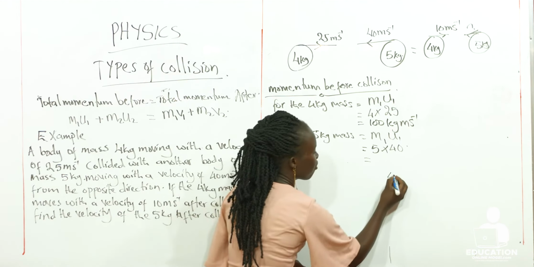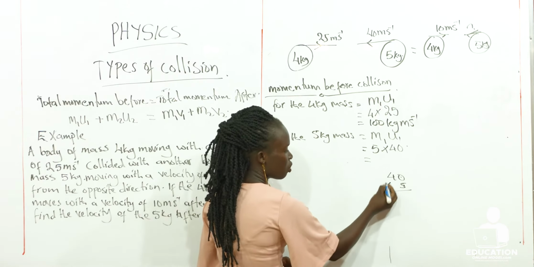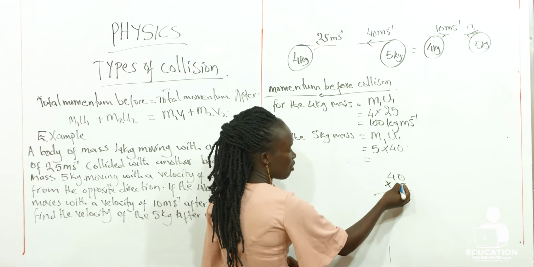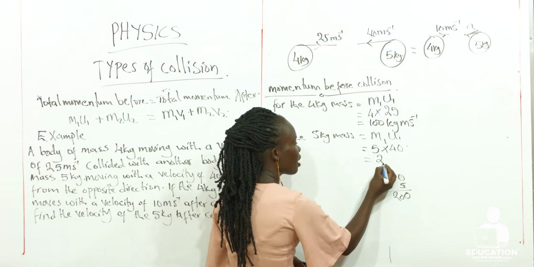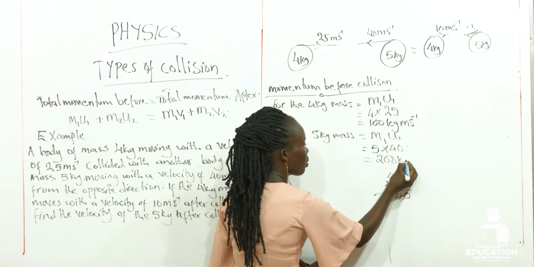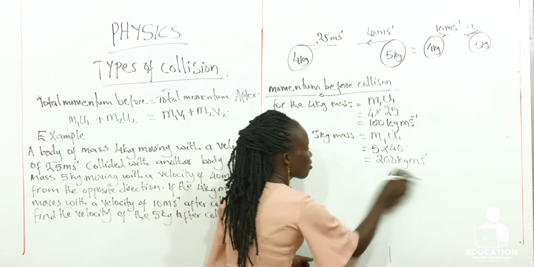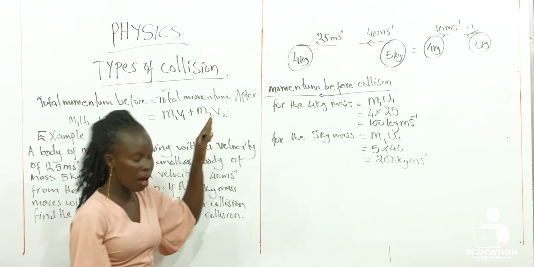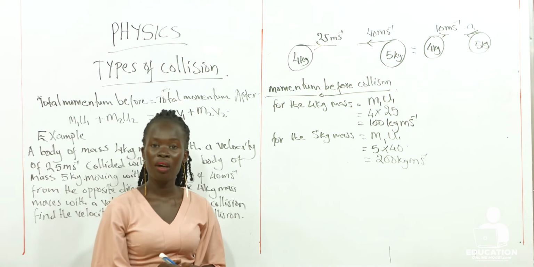We have 5 times 0, which will give us 0. 5 times 4 will give us 20. So we shall have it as 200 kilogram meters per second. Those were the momentums the two bodies were moving with before them colliding.